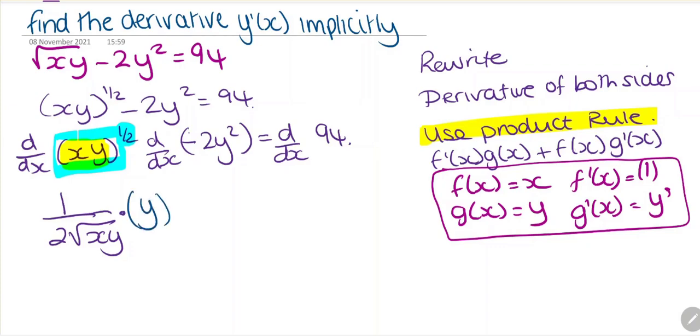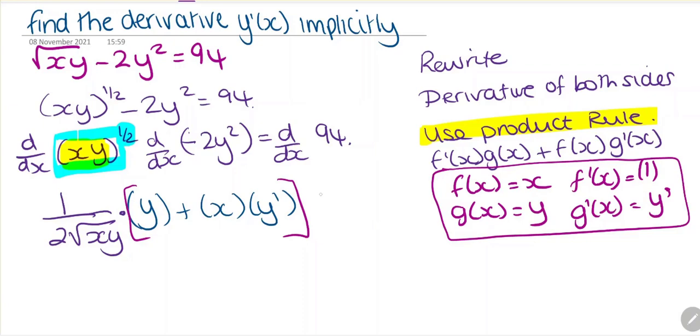And then we have f of x, and f of x is x. So this is plus our x multiplied by our g prime, which is going to be y prime. Then we have minus.